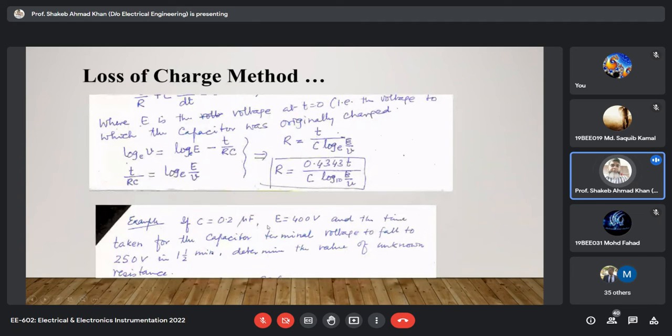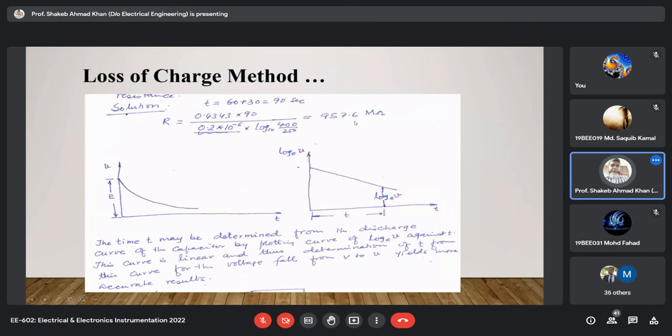That's what has been told here. So initially it is 400 volt, and then it is discharged. In this expression, capital E is 400 volt, small v is 250 volt, and t is 1.5 minutes. So determine the value. Through this equation we get all these parameters, and then we put them here and calculate. That is what is done here.